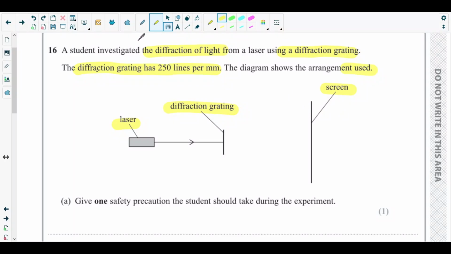Part A is asking to give one safety precaution the student should take during the experiment. The most probable safety precaution in this case would be, we know that laser light has a very thin beam, and since the beam is thin, it has very high intensity of light, right?